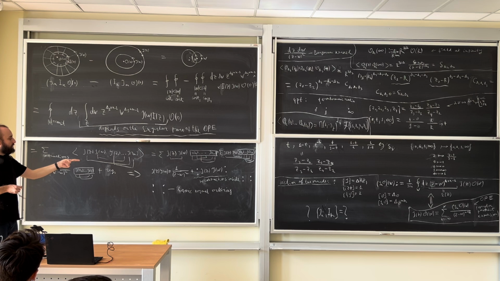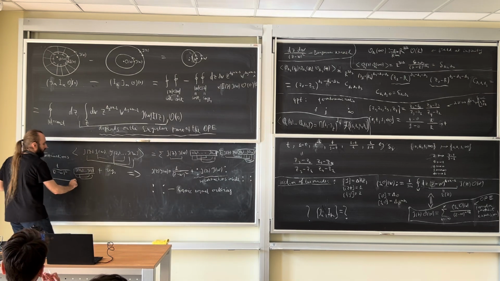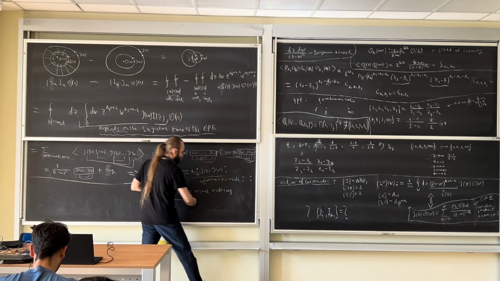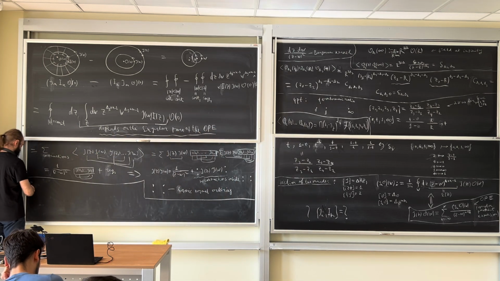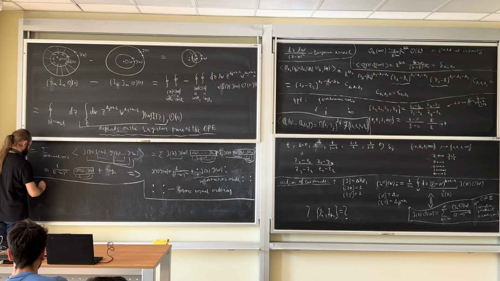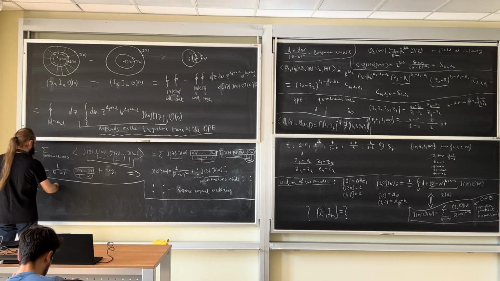Okay, so we have this OPE of J of z and J of w. And let us try to compute the commutator of J_n, J_m acting on the vacuum.